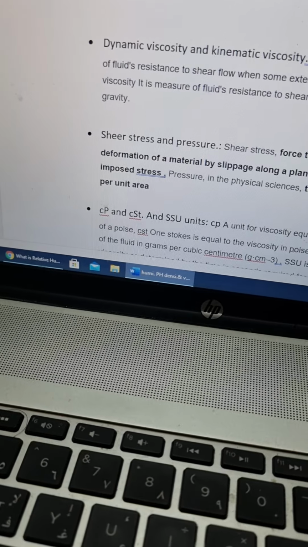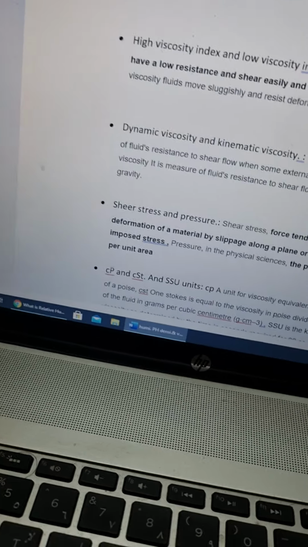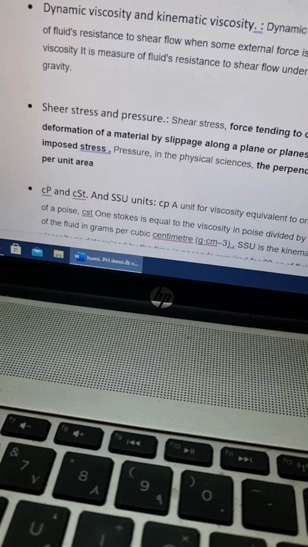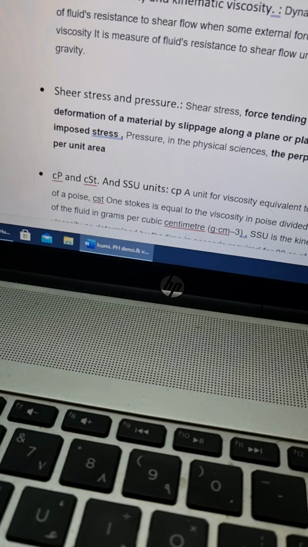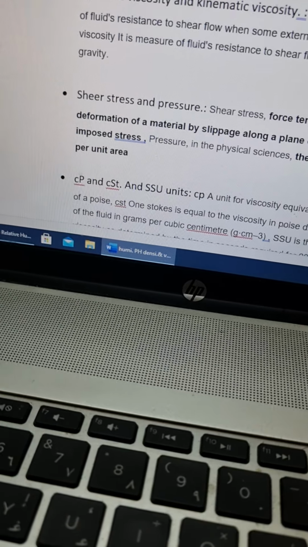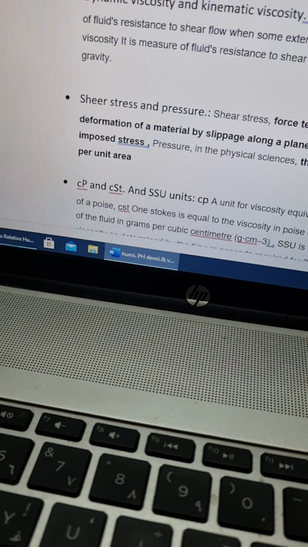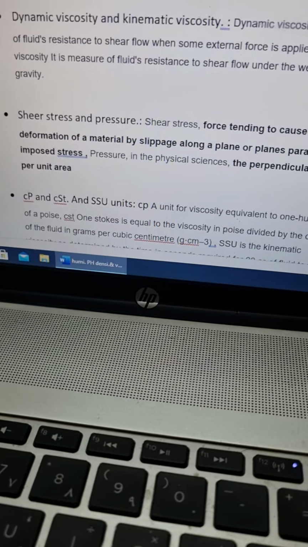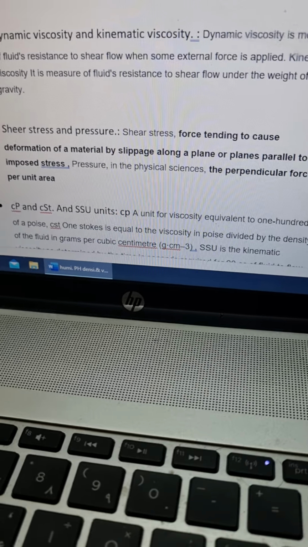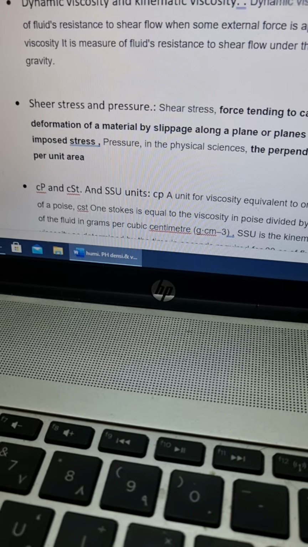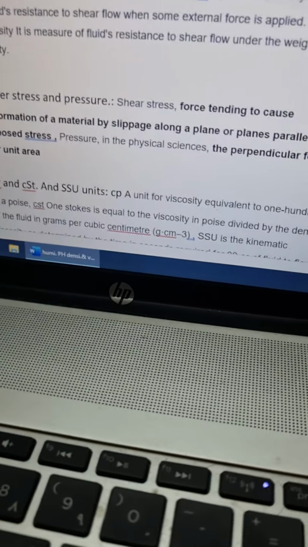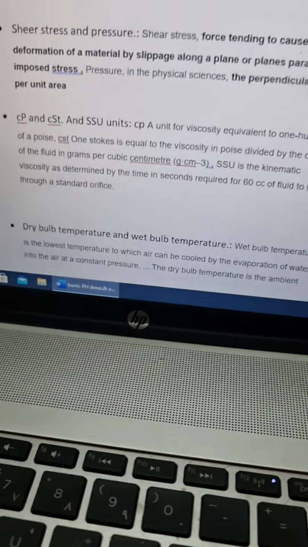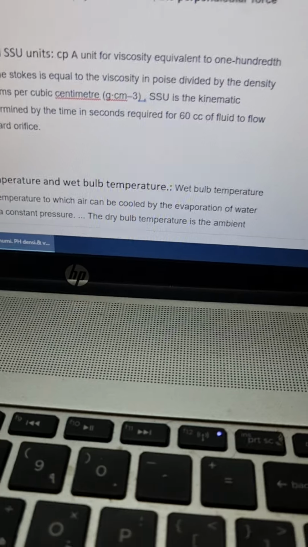Dynamic viscosity and kinematic viscosity. The dynamic viscosity is a measure of a fluid's resistance to shear or flow when some external force is applied. And kinematic viscosity is a measure of fluid resistance to shear under the weight of gravity. Shear stress and pressure.